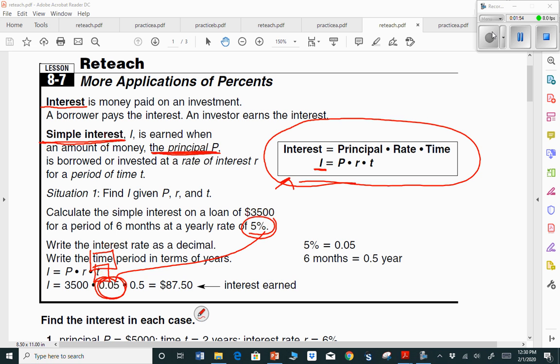In the calculations we're going to be doing, we're going to be expressing time in terms of years. In this case, they did something for 6 months, and so we're going to call that half a year, or 0.5 years. But make sure you've got this formula. You will definitely need it.